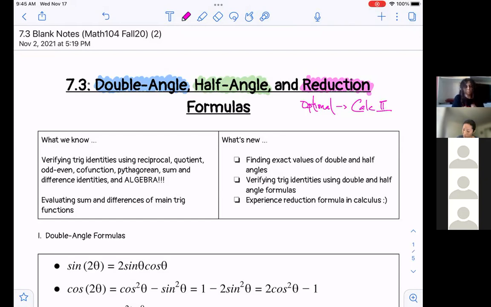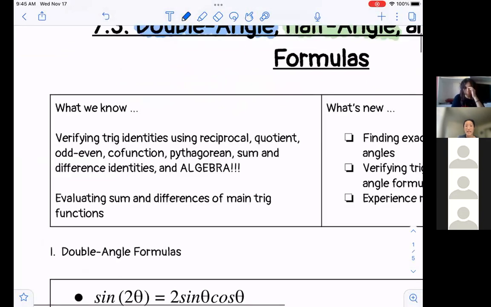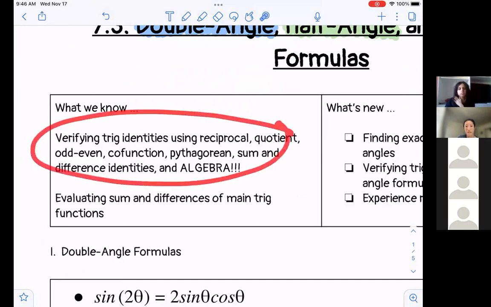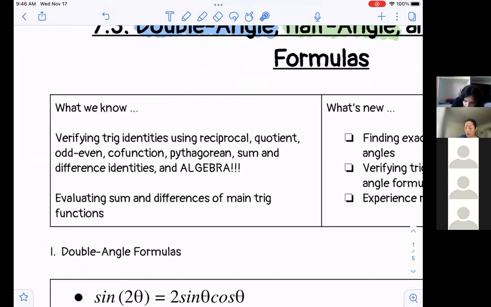Okay. Now, again, I know we have so many different identities that we've learned so far, and I want to just be really clear that we're continuing to add to this list. And so what we know so far, we have a bunch of different identities that we've learned. Okay, some of them we started way back in the first unit, like the reciprocal, the quotient, odd even, cofunctions, Pythagorean.